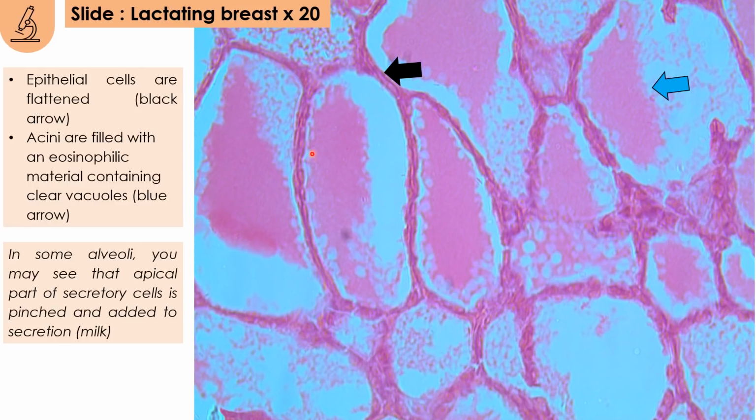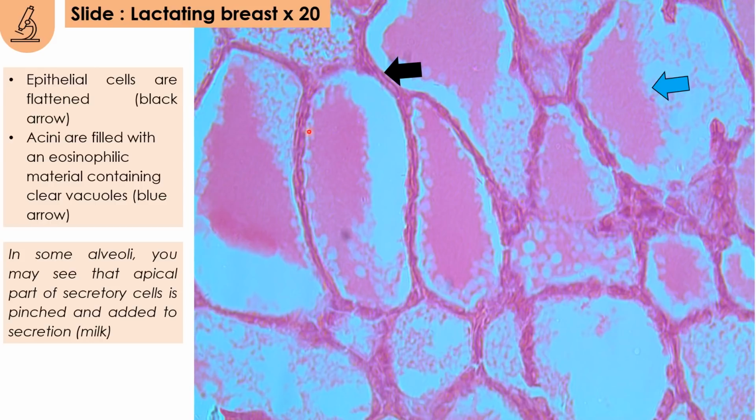Inside the acini you can see it's filled with these eosinophilic materials, and it has these clear vacuoles that are composed of lipid, actually. Milk is composed of lipid. So during preparation the milk will be dislodged, so it's left with this empty vacuole space here.